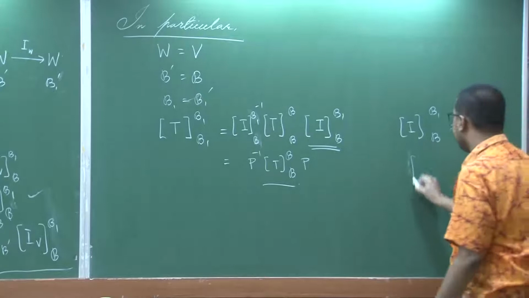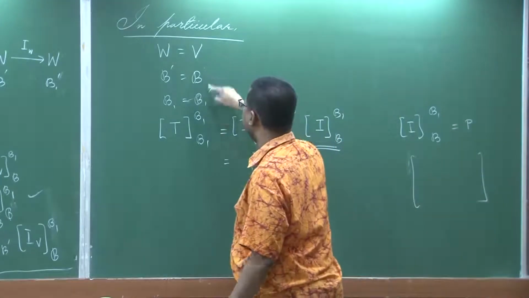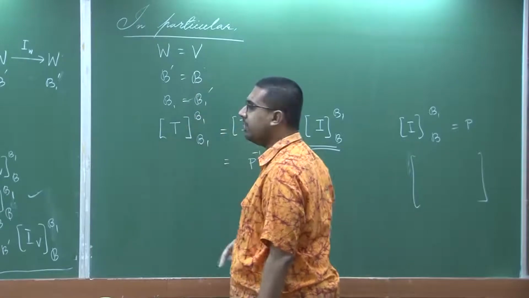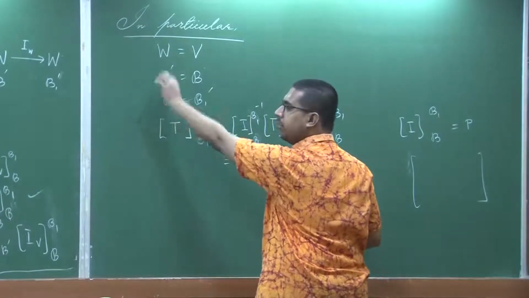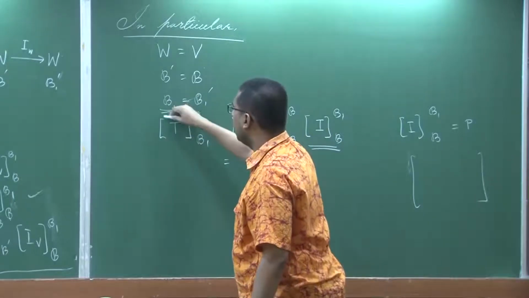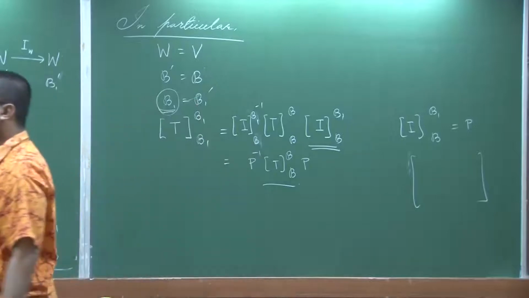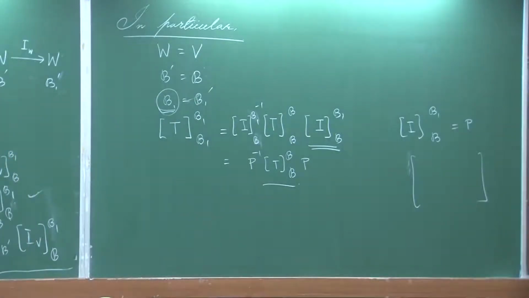Remember how this matrix is formed? Earlier B was my basis and now B1 is my basis. So, every vector in B1 I will write in terms of the earlier one. I will write down the coordinates of this new ordered basis with respect to the earlier ordered basis.